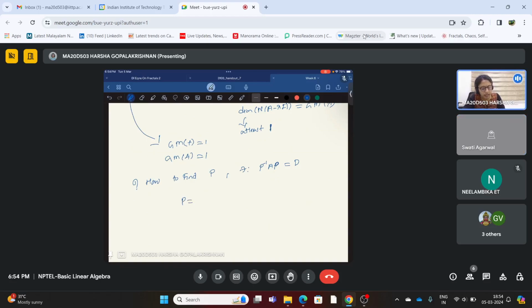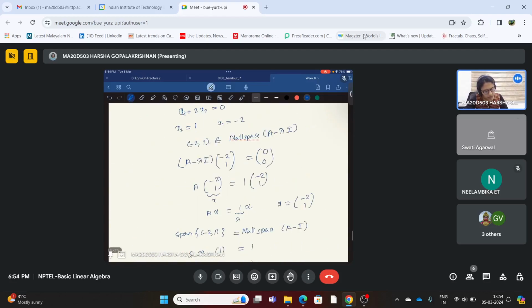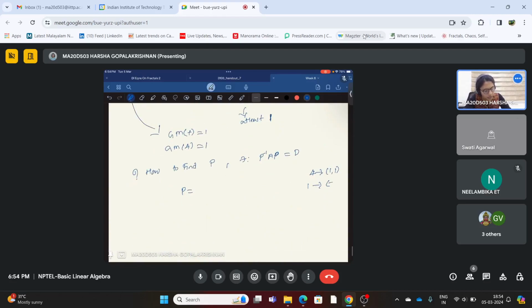So what we got is, corresponding to 4 we got (1, 1), and corresponding to 1 we got (minus 2, 1). So if it is diagonalizable, the way of constructing P is to write the corresponding eigenvectors in columns. From this we got P. Now find the P inverse, multiply with A and then with P, and we will get a diagonal matrix.